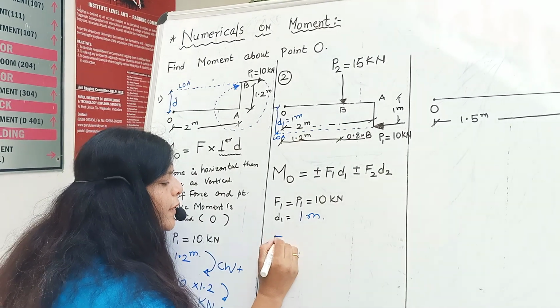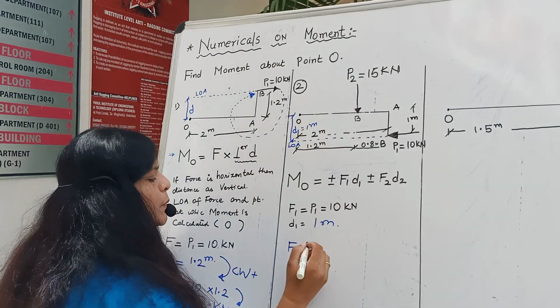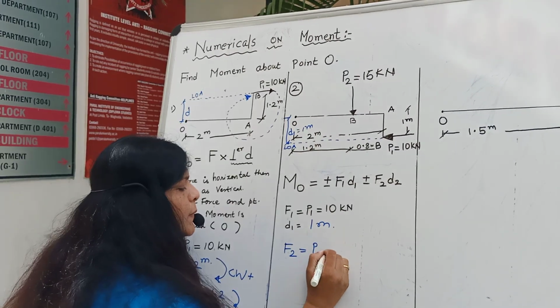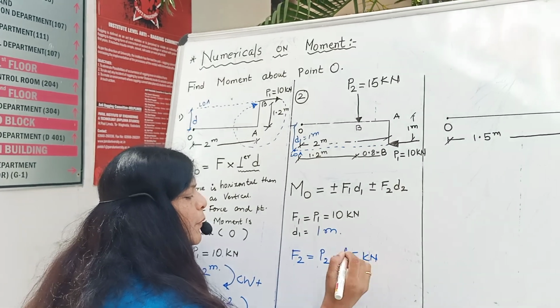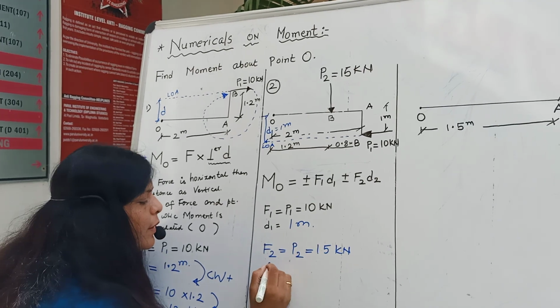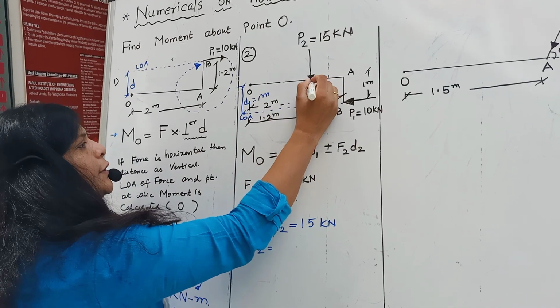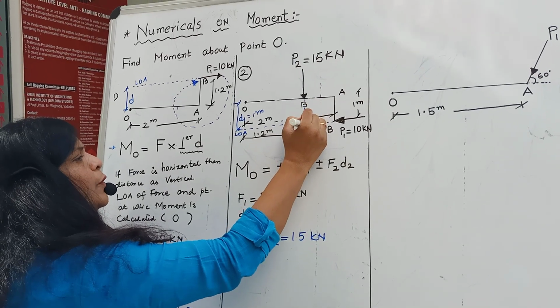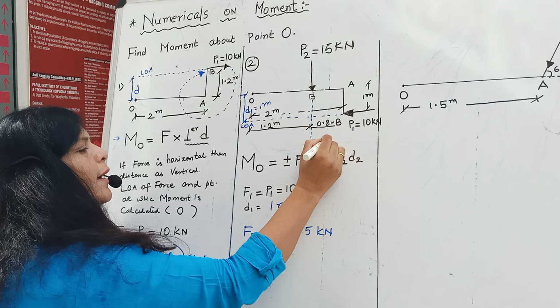Now we come to the second force, that is F2. What is the magnitude of F2? F2 is nothing but P2, which is equal to 15 kilonewtons. Okay, so D2, what will I do? I will extend the line of action of force P2. So this comes out to be the line of action.